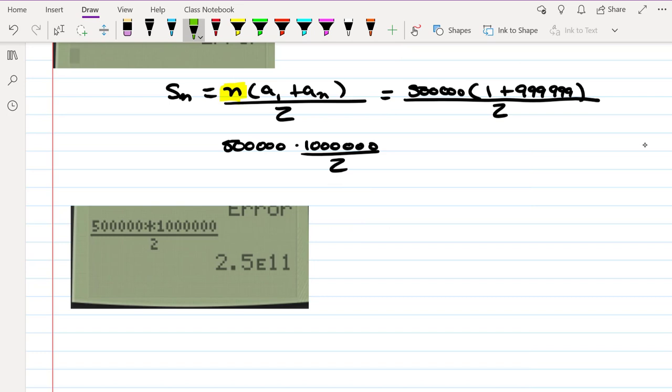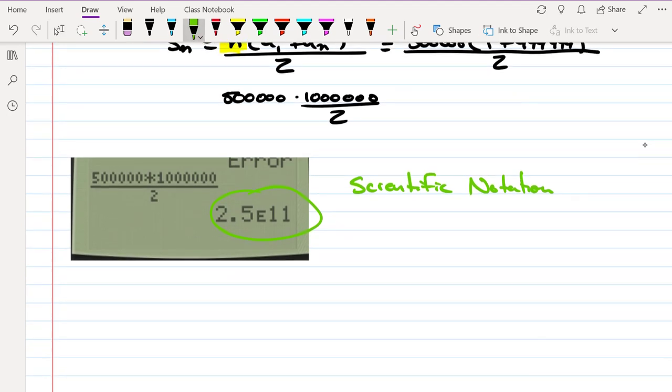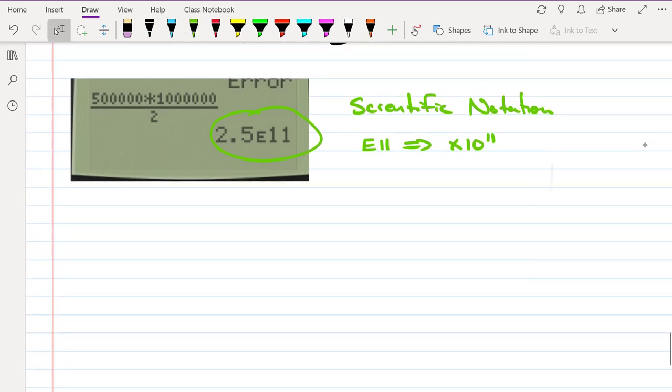So this tells us that it is in scientific notation. So the e to the 11 means times 10 to the 11th power. So in other words, we need to move the decimal to the right 11 places.